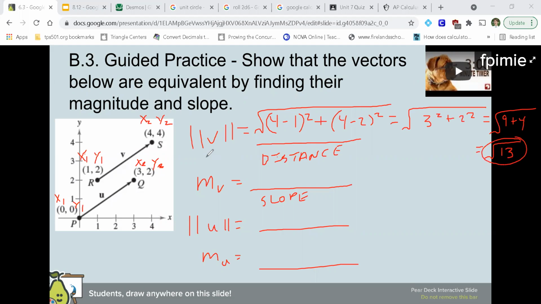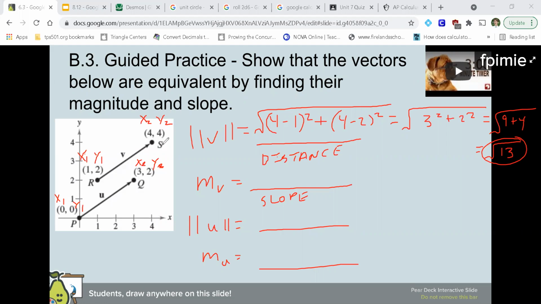And just leave your answer like that for the homework. If you typed it into the calculator at the start, that's fine, your answer is correct, but I'm pretty sure most of the ones on the homework want it in terms of a radical. They don't want a rounded decimal. So leave that as the square root of 13.